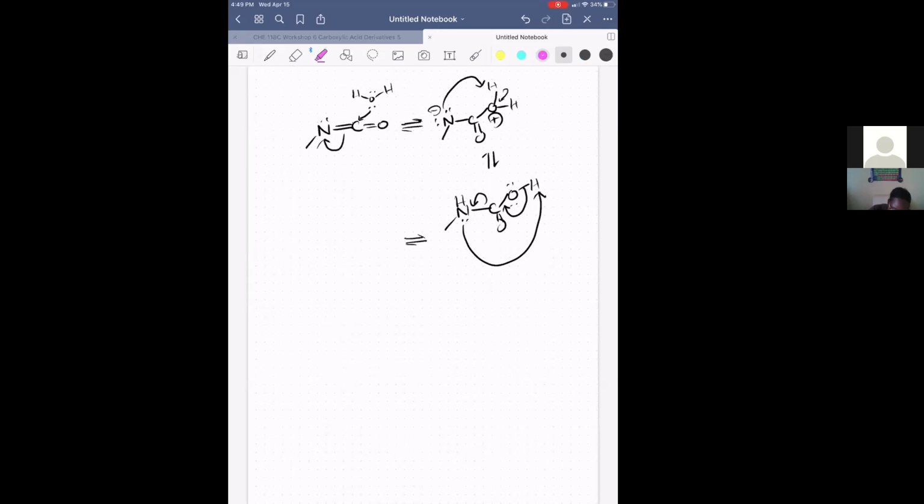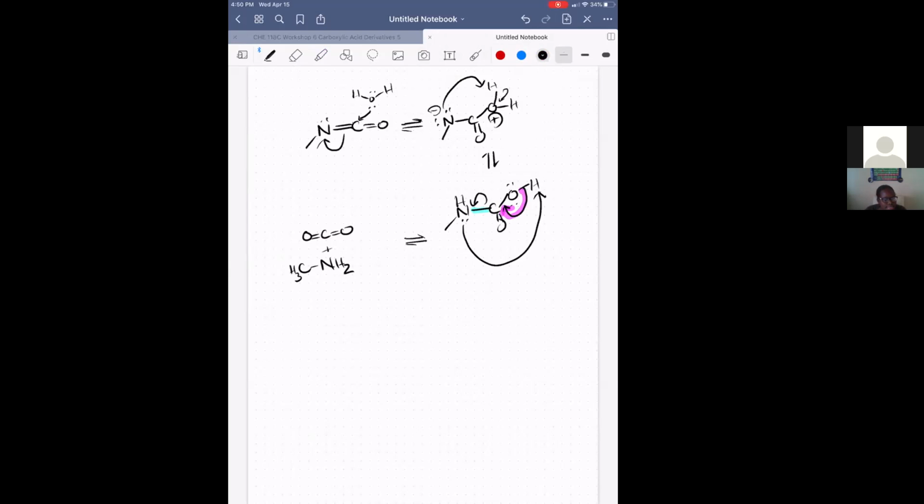So we'll see bond breaking occur here based on the new double bond that we formed between carbon and oxygen, right? So once we do that, now we've generated our final products, which is our carbon dioxide, and then we've also generated our desired amine. So those would be our 2 final products there.